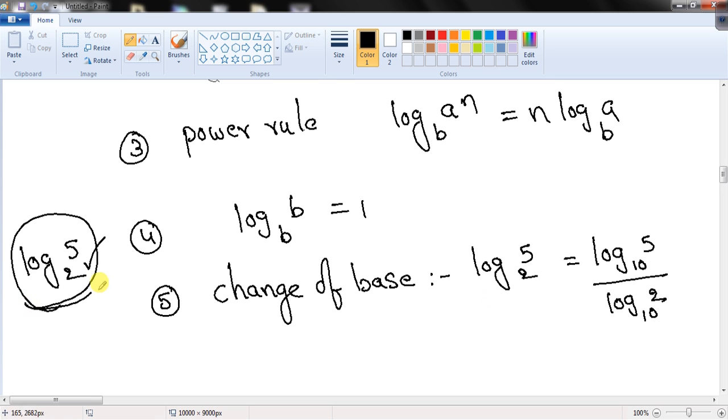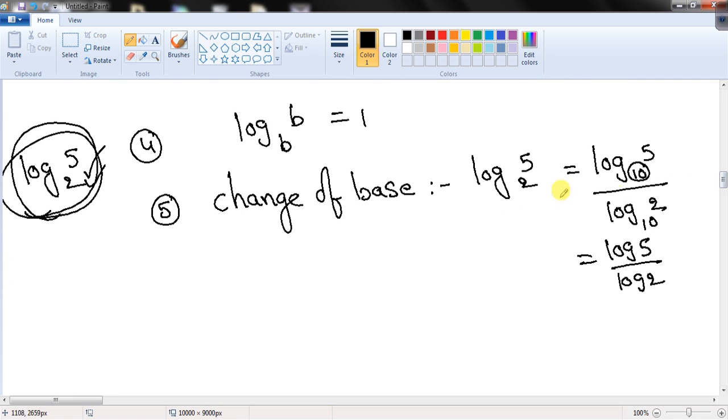In a few calculators we can do this, most of them we cannot. Not only 10, I can write any base: log 5 base 7 upon log 2 base 7, log 5 base 1000 upon log 2 base 1000.